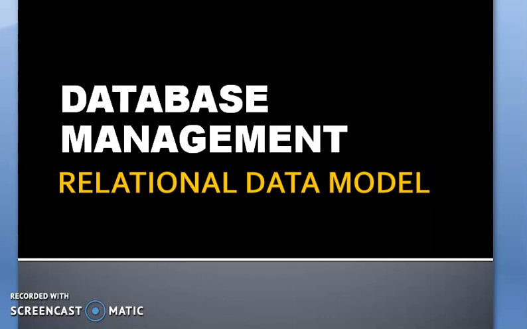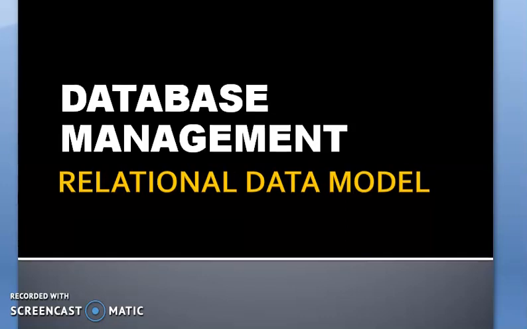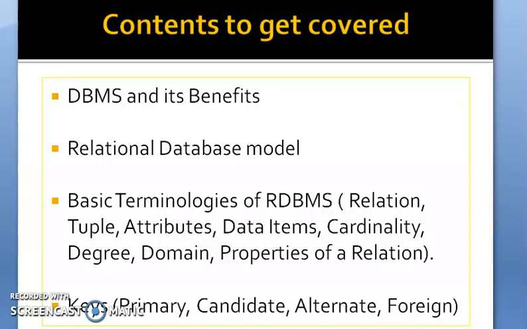In today's class, we are going to learn about database management system. So today we are going to cover these topics: database management system and its benefits, relational database model, basic terminologies of RDBMS.